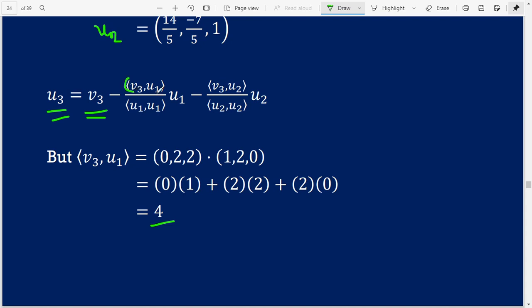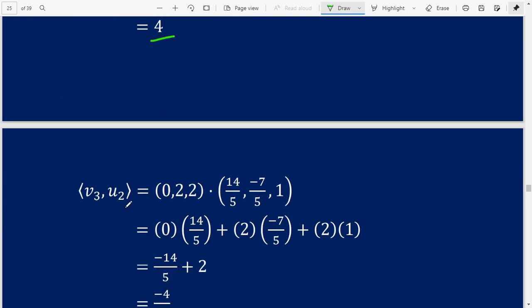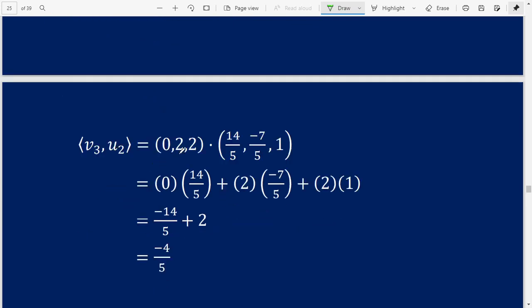Now V3 with U2: V3 dot product U2, so 0 into 14 by 5 is 0, plus 2 into minus 7 by 5 plus 2 into 1, which is equal to minus 4 by 5.